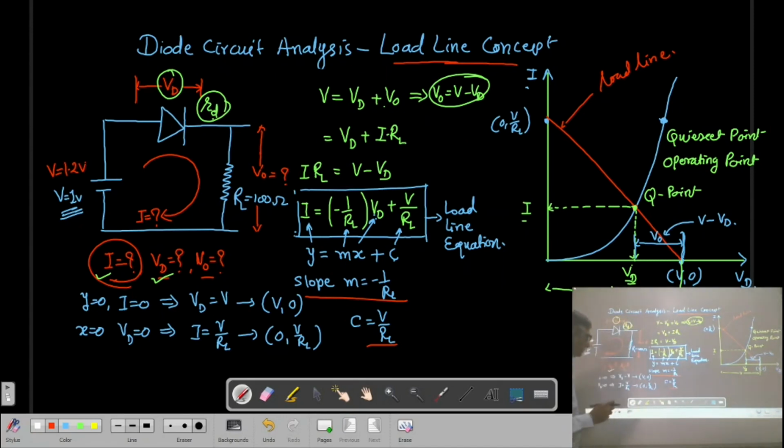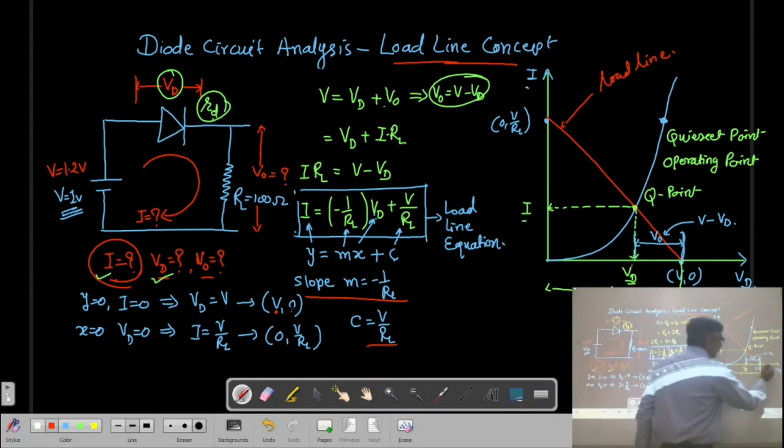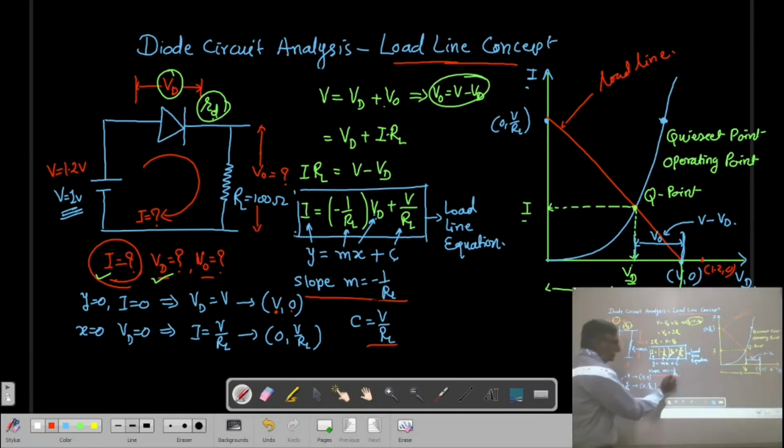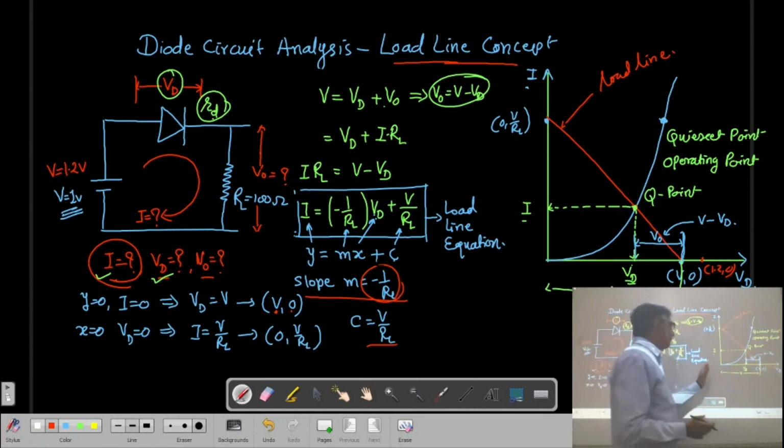You already know that the x-intercept is V, which is 1.2 volt, and 0. Correct? The slope is not changing, because the slope depends only on the load resistance RL. We are not changing RL, we have changed only the voltage. So whatever new line we draw will be parallel to this line. You don't need to calculate the intercept.